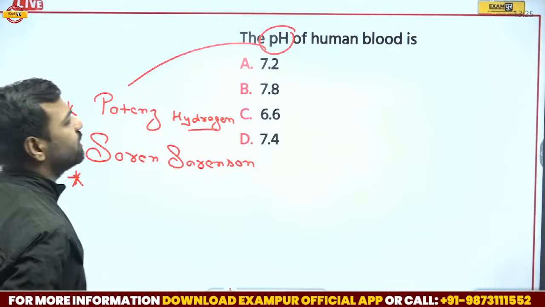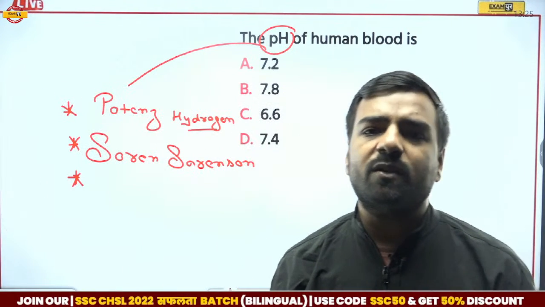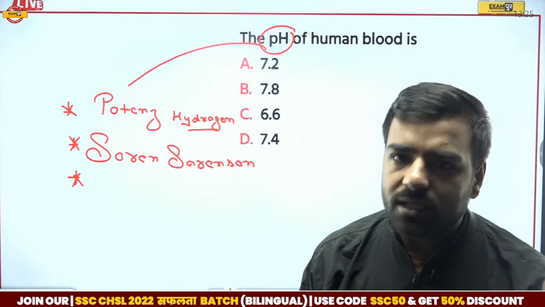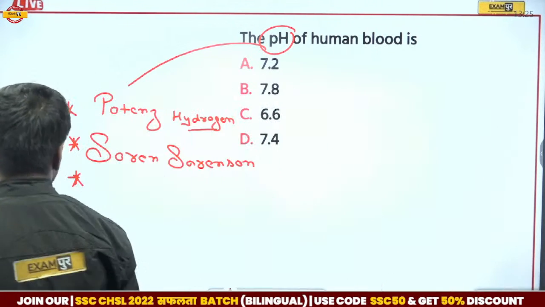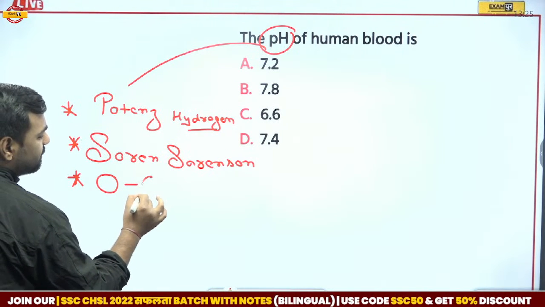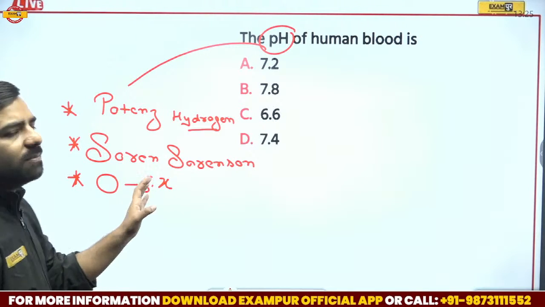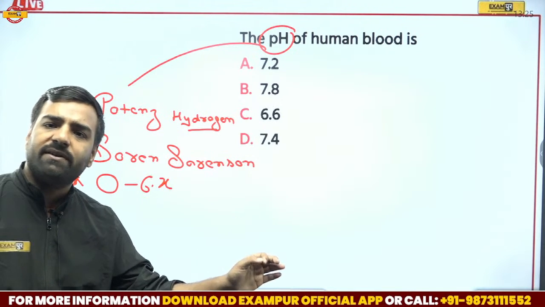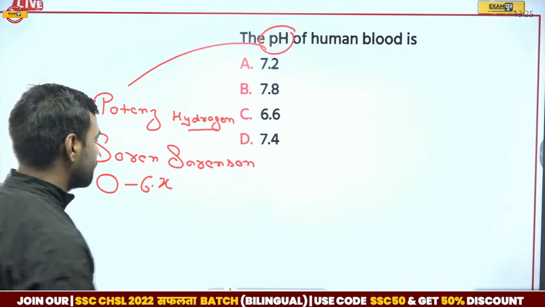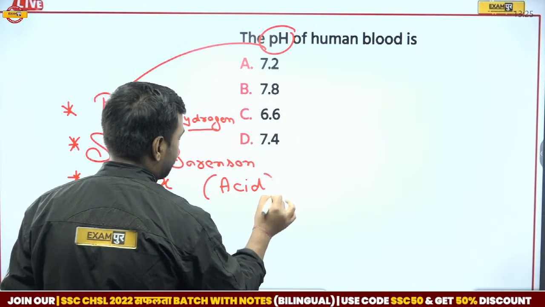Now comes the third question. It is asked, sir, when can we say that this particular thing is acid, and when that this particular thing is base? So we have a range. If anything is between 0 and 6.x, where x can be anything up to 9, this will be considered acidic in nature.